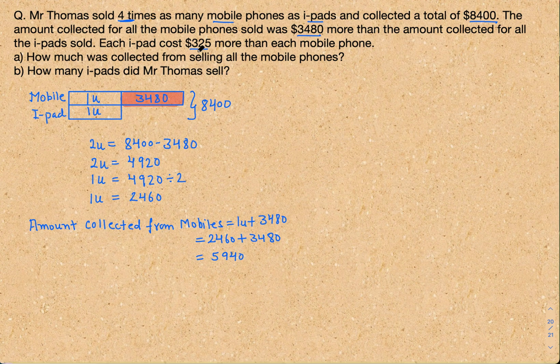So that means the amount collected by selling all the mobile phones is $5,940. So that answers our part A.